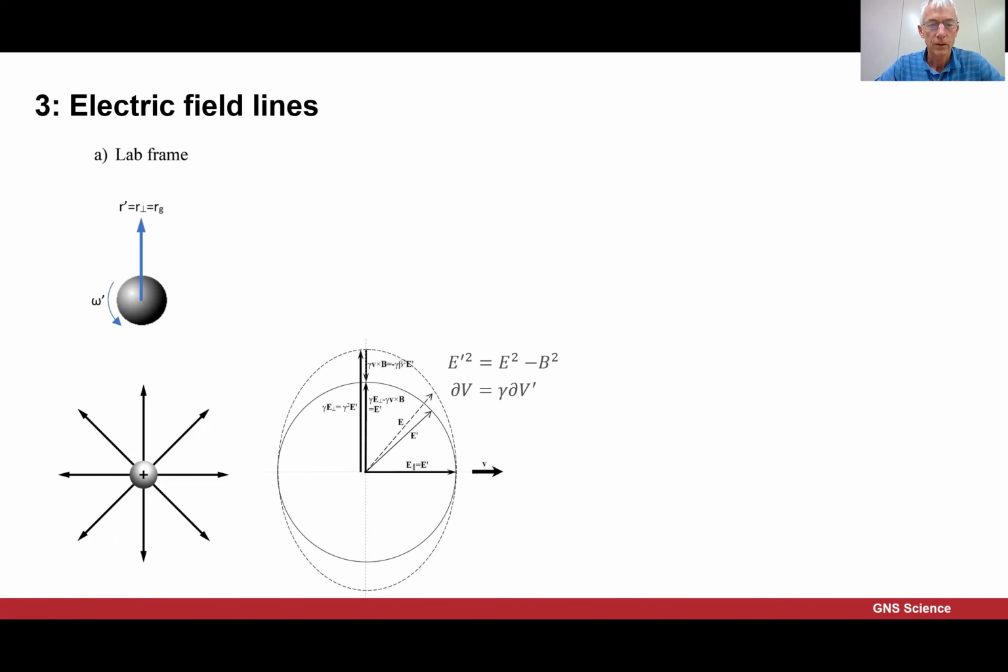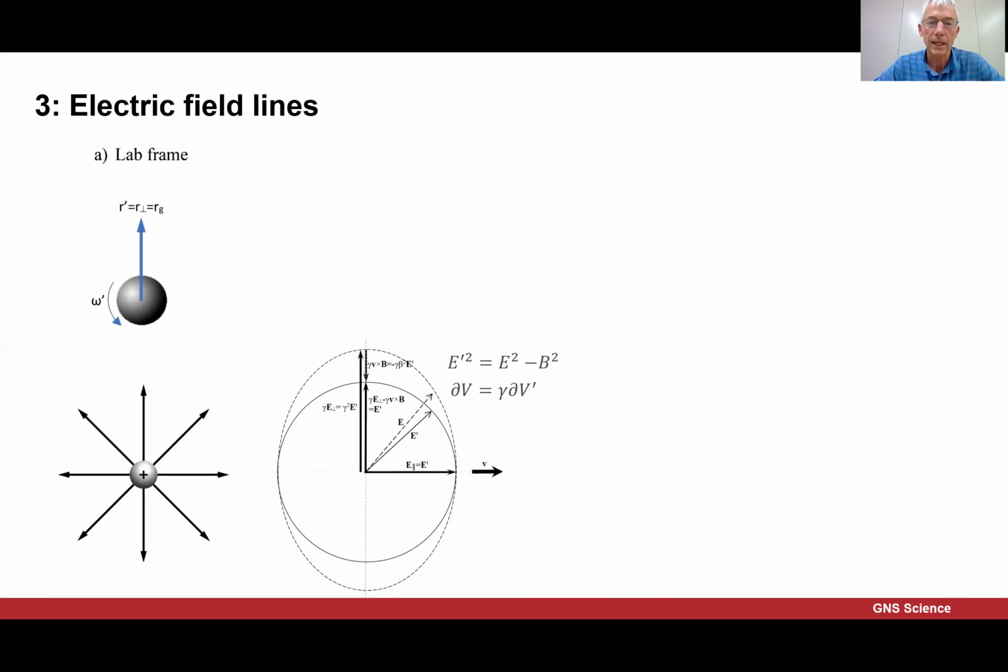We know from relativity theory that the electric field lines can be changed as viewed for a moving charge in the lab frame. The electric field line in the same orientation as the velocity remains the same. However, electric field lines in the perpendicular direction to the velocity are changed by relativistic transformation.